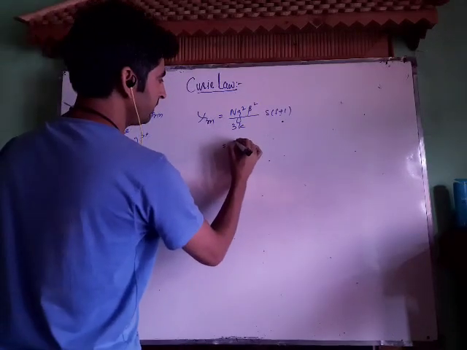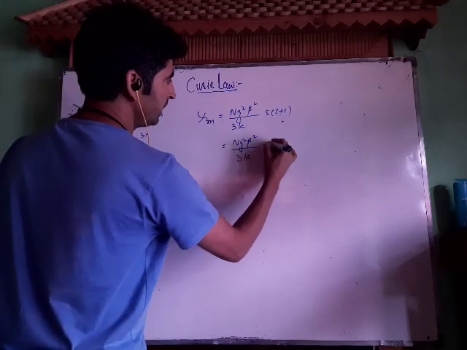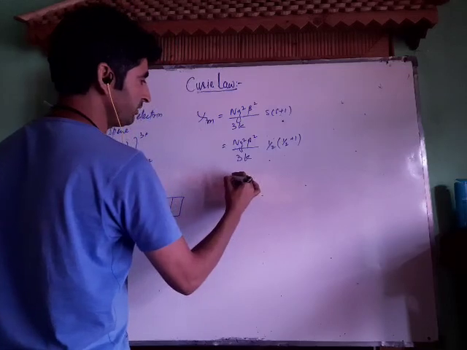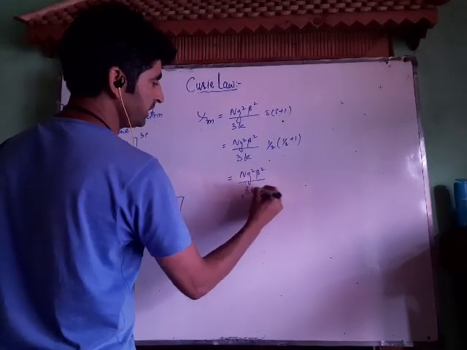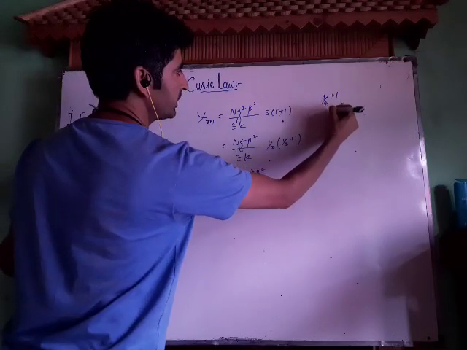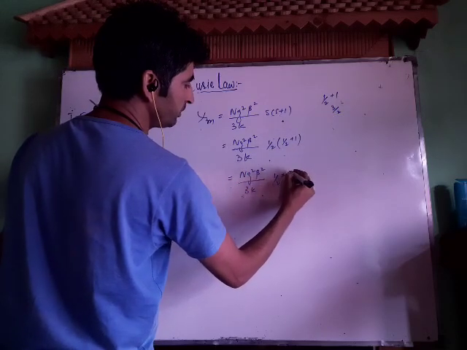Therefore, we have N g² β² divided by 3K, 1/2 into 1/2 plus 1. 1/2 plus 1 is 3/2, so 3/2 into 1/2.